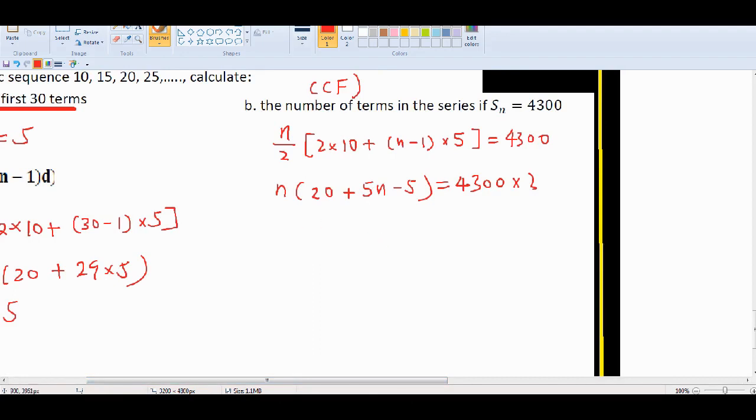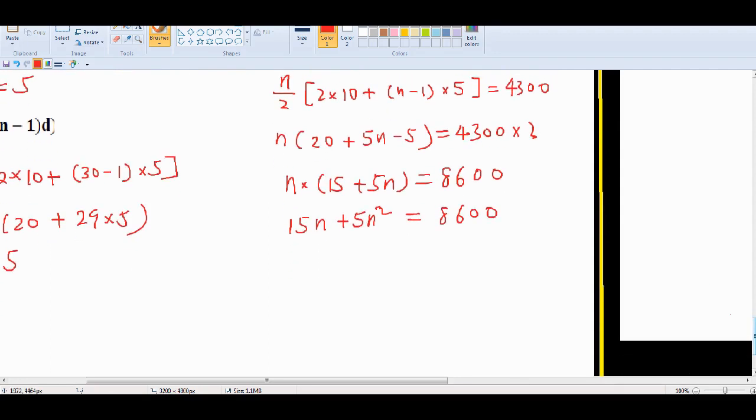To simplify this, you might have 15 plus 5n equals 8600. Then you multiply the things into the bracket. You get this one.